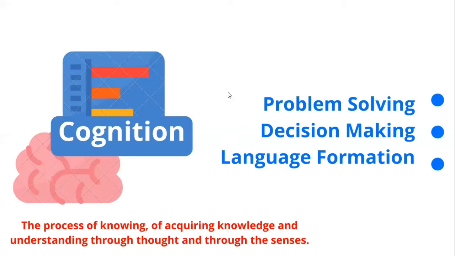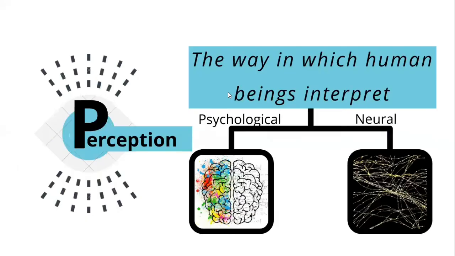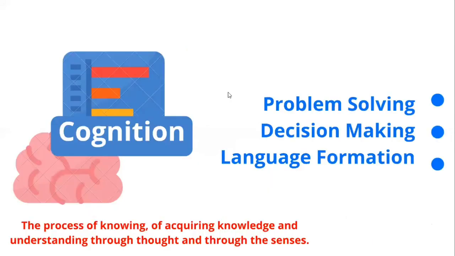Okay, it's not a typo, it's correct, through thought and through senses. The process of knowing or acquiring knowledge through senses and through thought is what is called cognition. So in the brain, as I told you, first perception is happening, and second cognition is happening.